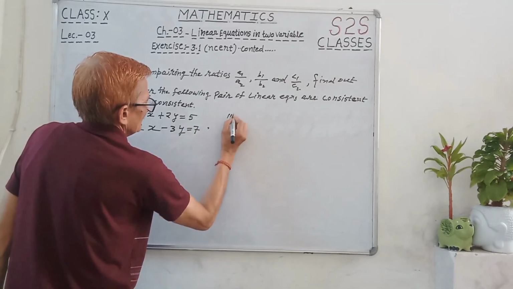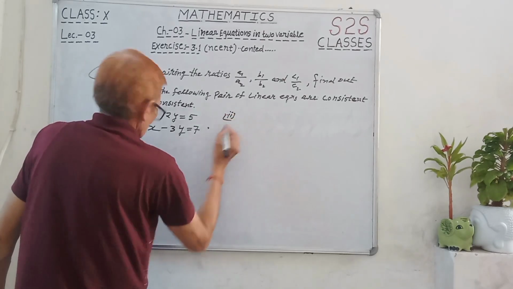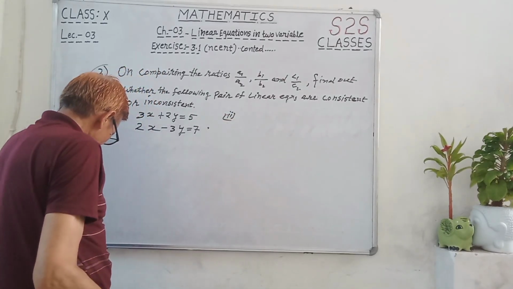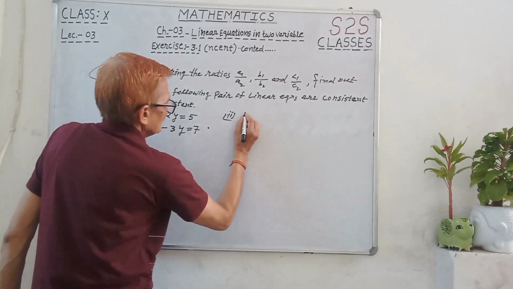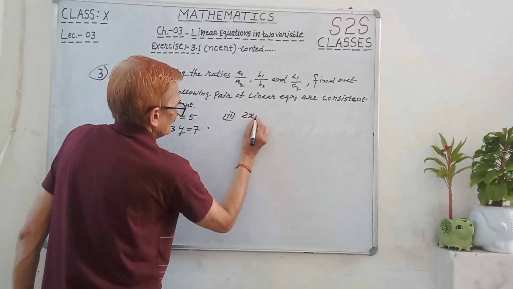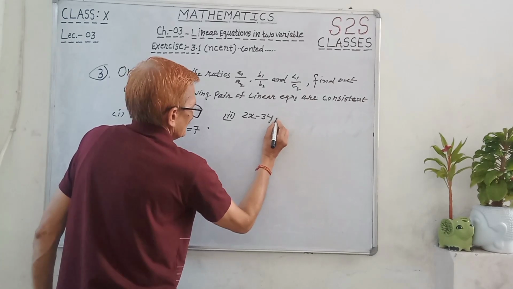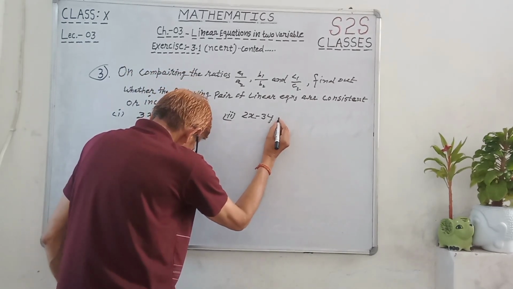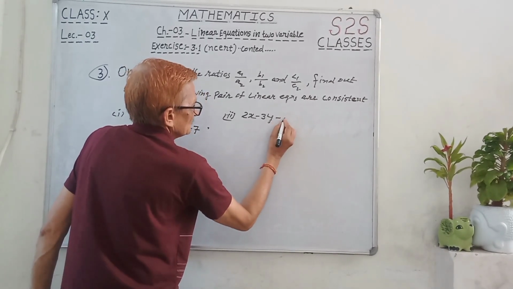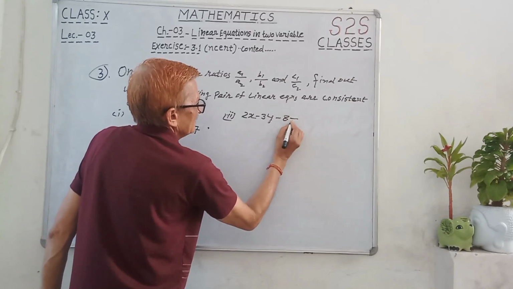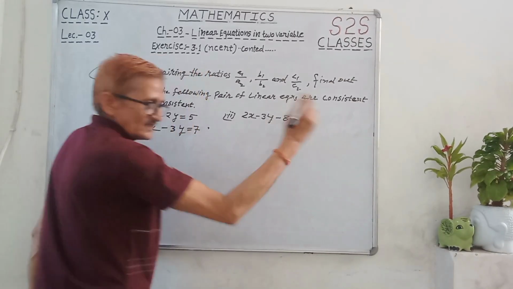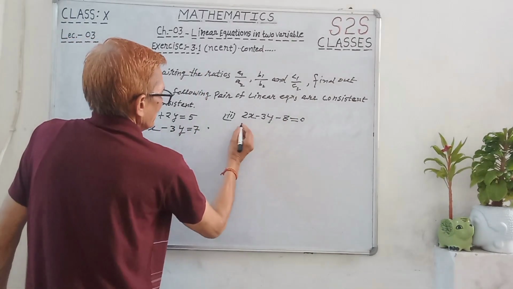The second part: 2x minus 3y equal to 8, so minus 8 equal 0, taking 8 to this side, the standard equation.